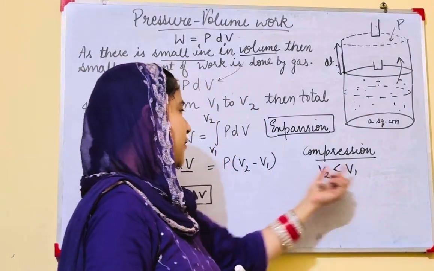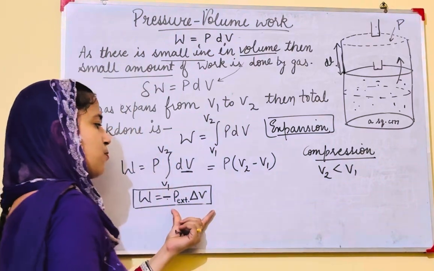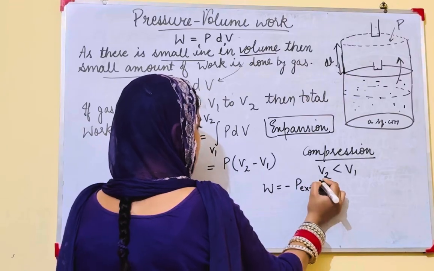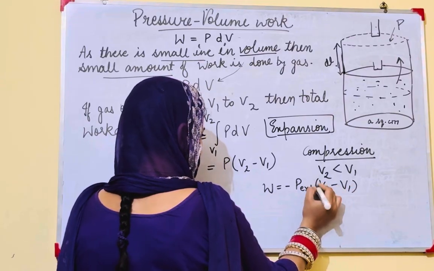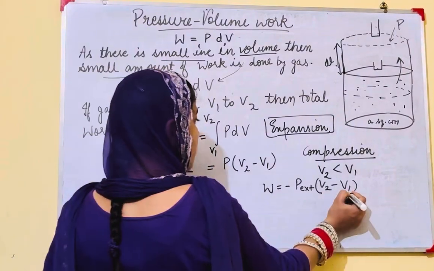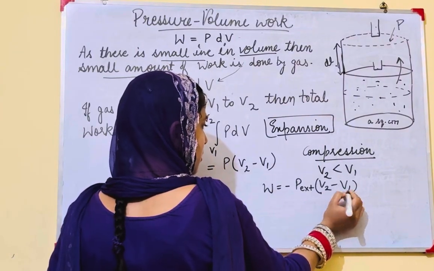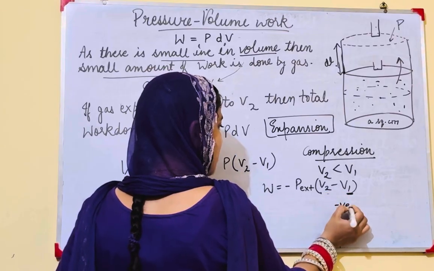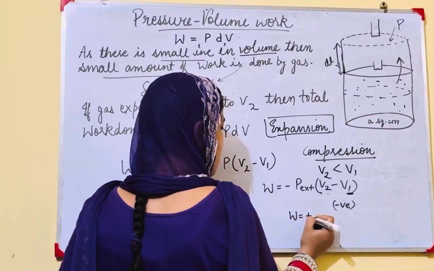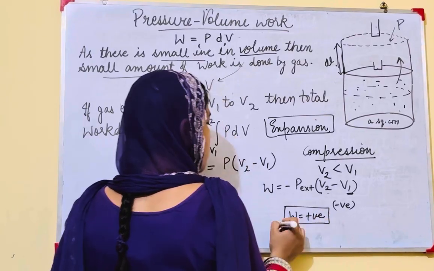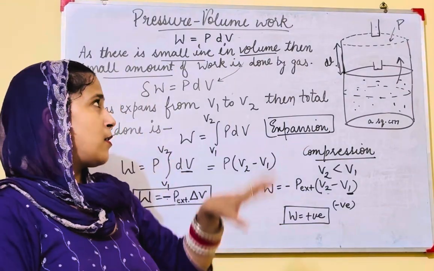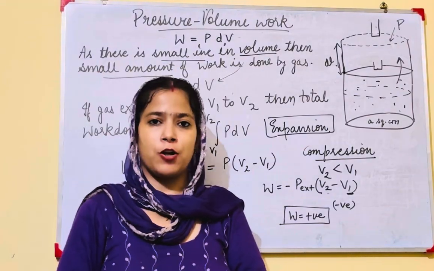Now if we put this in the expression W is equal to minus P external times (V2 minus V1), where this is the final volume and this is the initial volume, and the initial volume is more, then delta V is negative. With the minus sign, overall W is positive. So work of compression is positive. This is the pressure volume work.